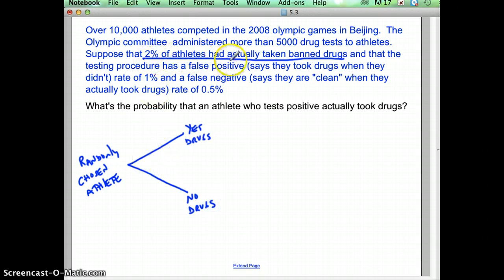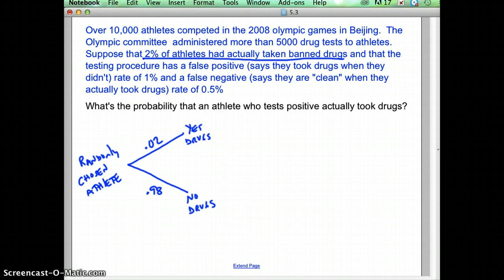Okay, so 2% of the athletes had actually taken banned drugs. 2% would be 0.02. So if 2% took drugs, then what percent did not take drugs? 98%, or 0.98.